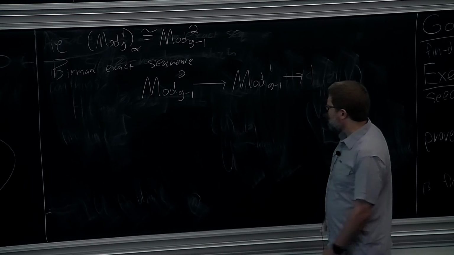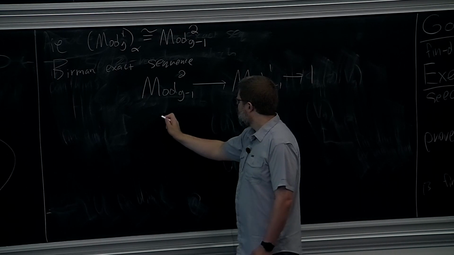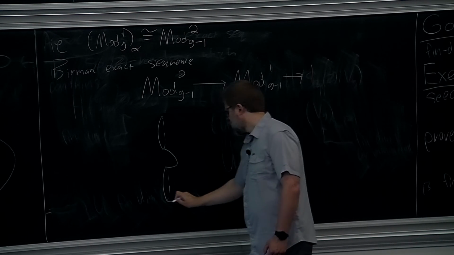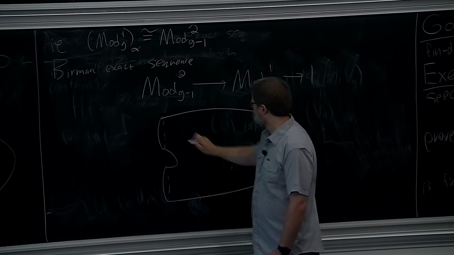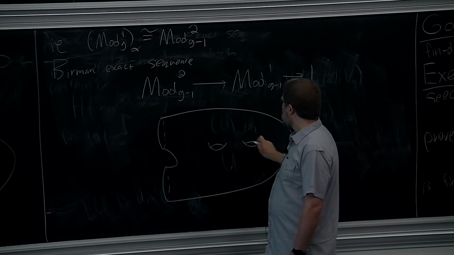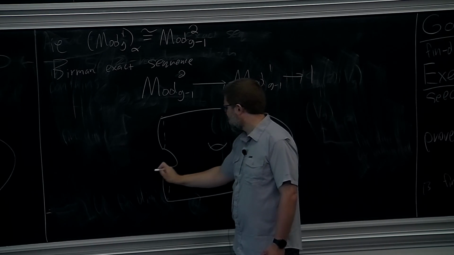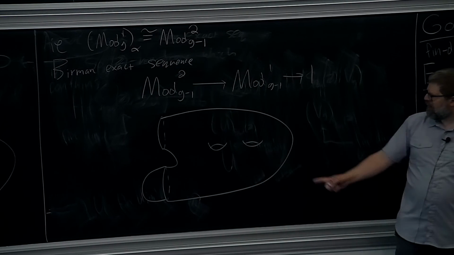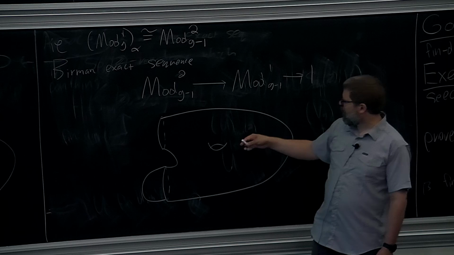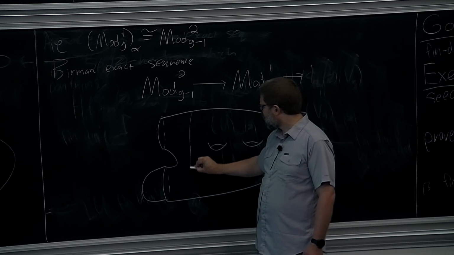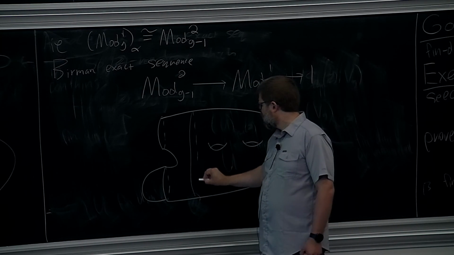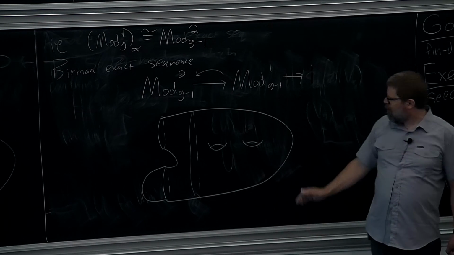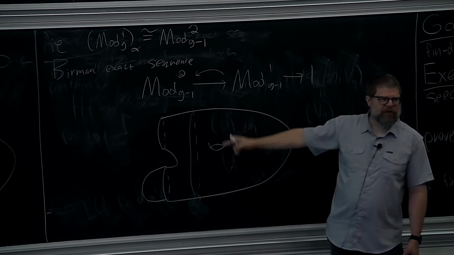What is that map? This map glues a disk to that boundary component right there. If we glue a disk to that boundary component, it becomes something with one boundary component. And this, of course, is a surjection. And it splits by including this into that subsurface right there.